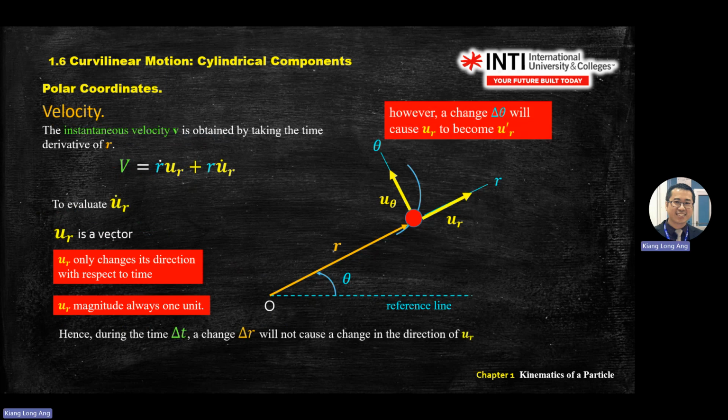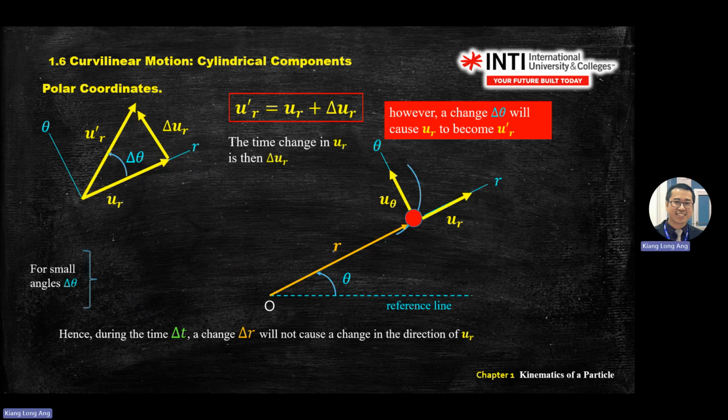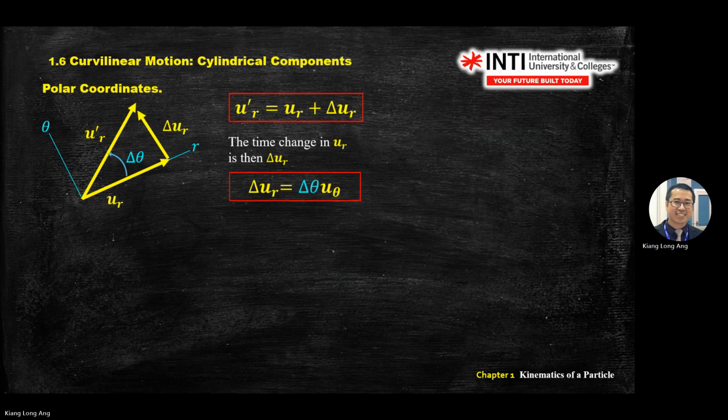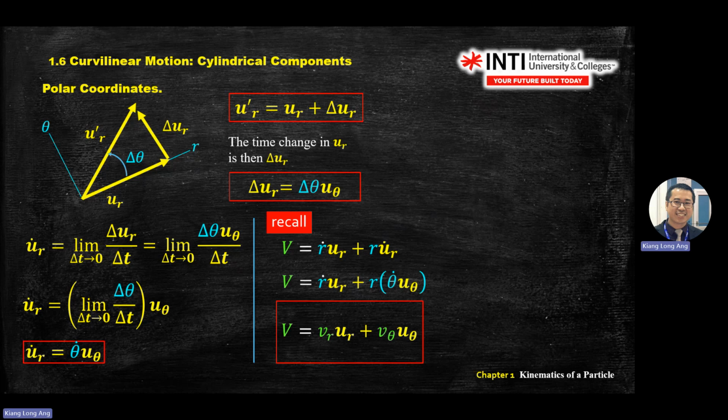Then we derive the equation, and at the end we arrive at this one: V equals VR UR plus V theta U theta.